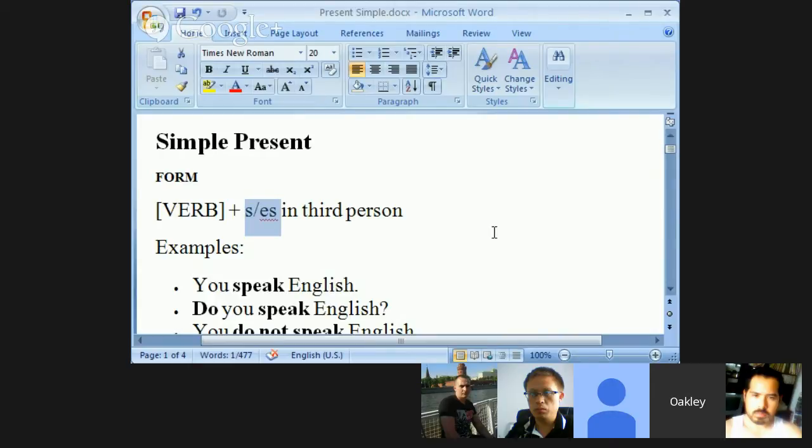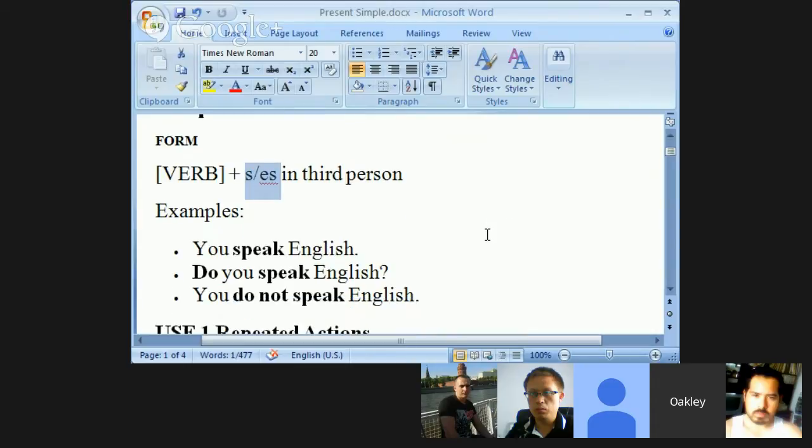So I run, they run, okay, singular or plural, but in the third person, she runs with an s. That's called conjugating the verb, or we can also call that subject-verb agreement, making sure that the singulars and plurals match.